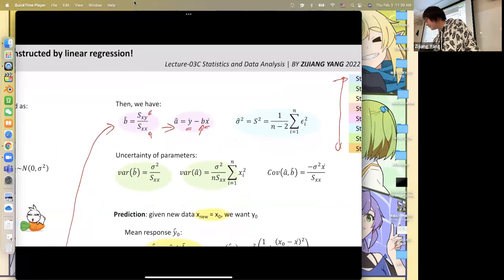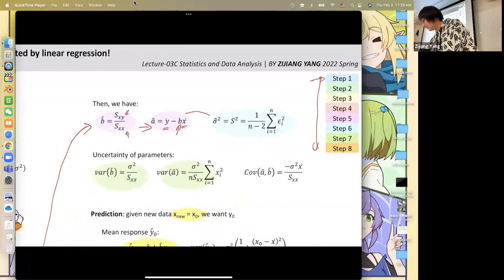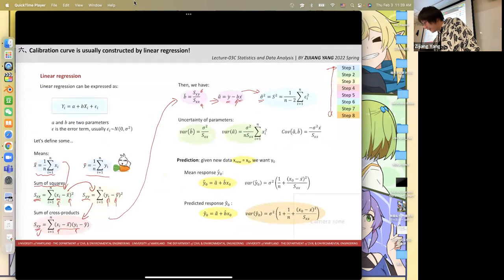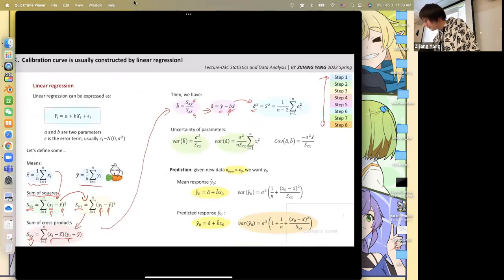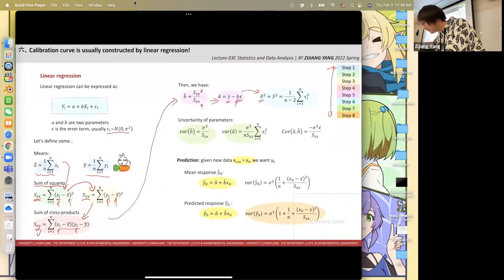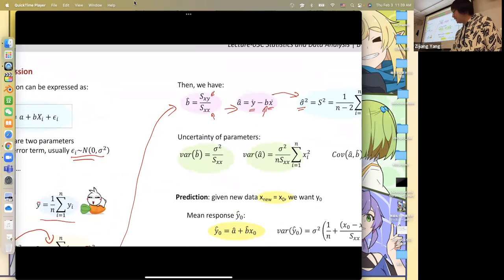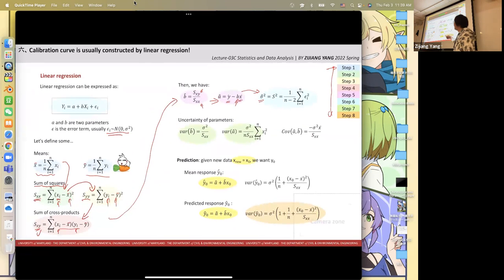And the next step is to calculate this sigma hat square. So basically, sigma hat square equals the big S square here. As we mentioned before, we assume eta, or the error, follows a normal distribution with a variance, and this variance is unknown.